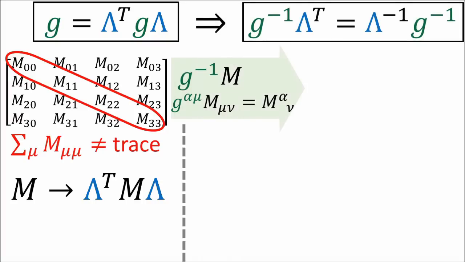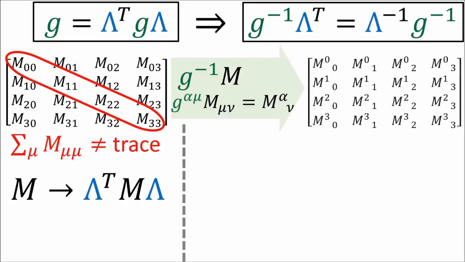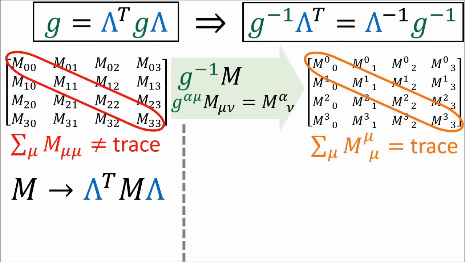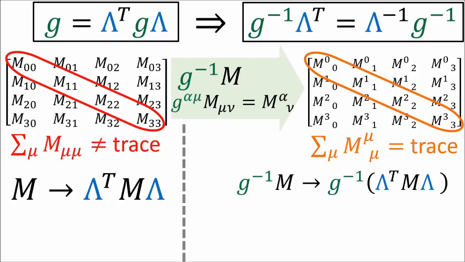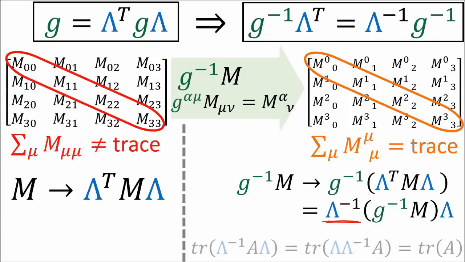After we apply G inverse to M, this raises an index and we get a 1 contravariant, 1 covariant version of M. Now when we sum the diagonal elements, we get the invariant trace of M. This version of M transforms with lambda inverse on the left instead of lambda transpose. And this is what makes the trace invariant under Lorentz transformations.